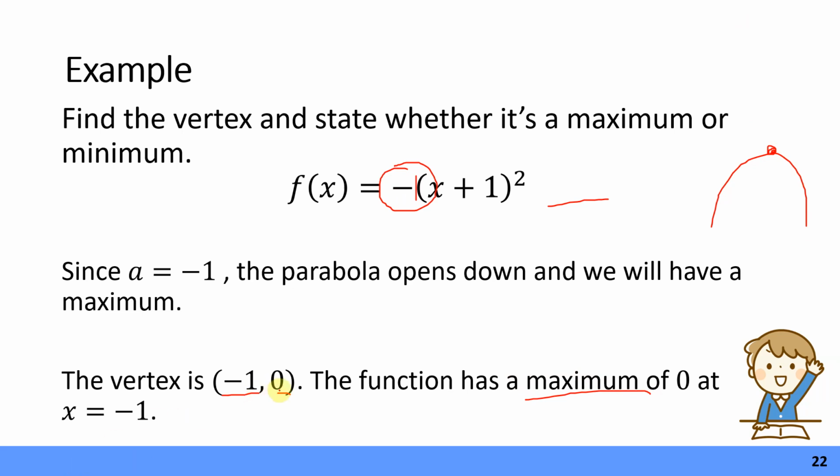Now, just like we did on the previous slide, I want to make sure that you know how to word this properly. So the vertex was (-1, 0). Another way to say this is we say the function has a maximum of 0. Remember, it's always your y value at x equals -1. All right, so that's how you would figure this one out.